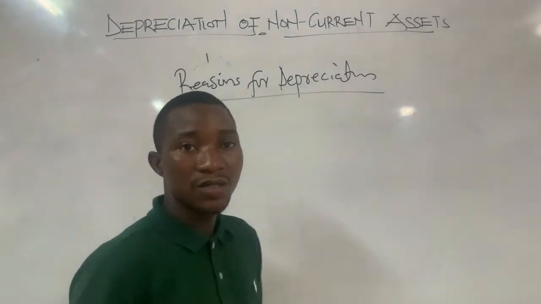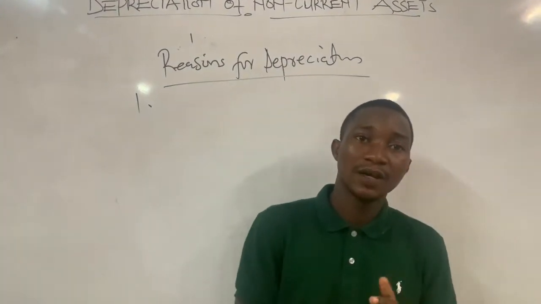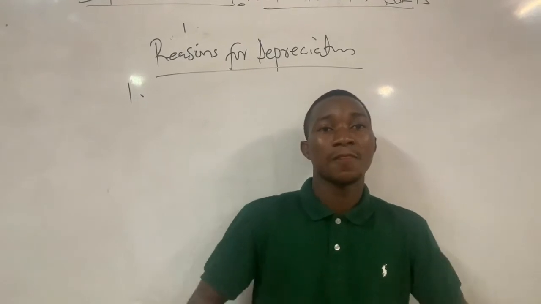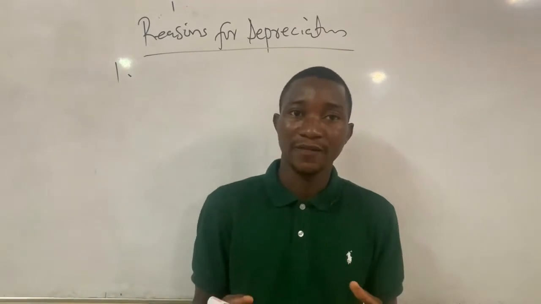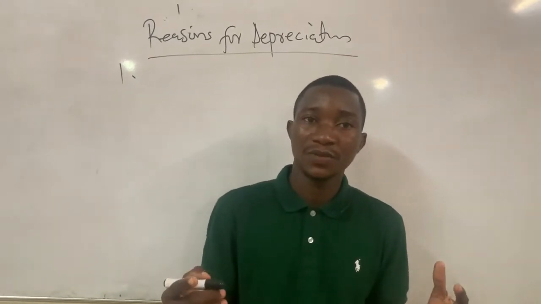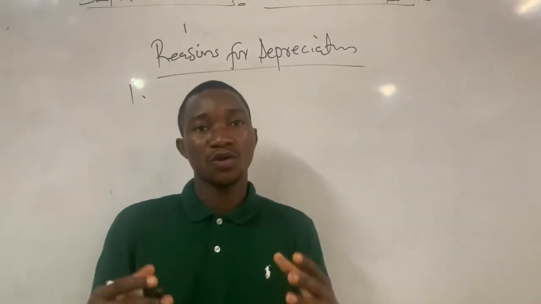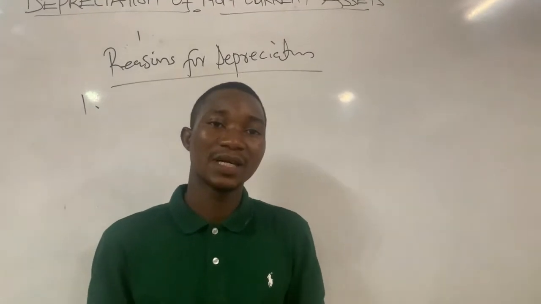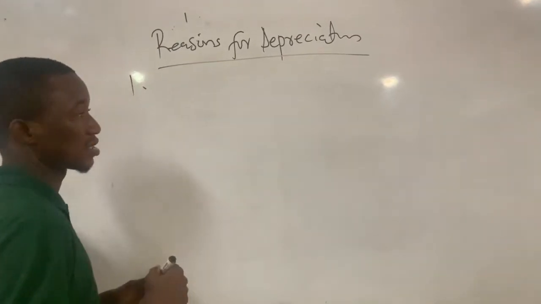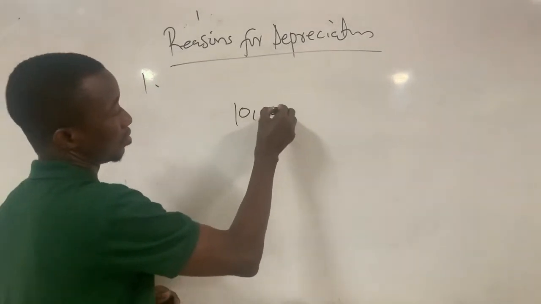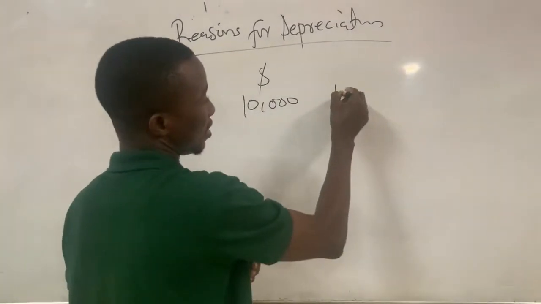The first reason I would like to talk about is to spread the cost of the asset over its estimated useful life. We provide for depreciation in order to spread the cost of the tangible non-current asset over its estimated useful life. Let's assume that an asset costs an amount of $10,000, and its estimated useful life is 10 years.